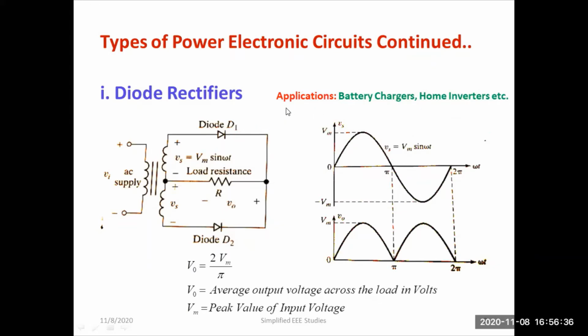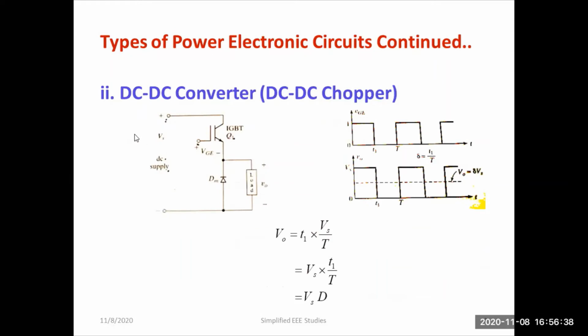Now I would like to discuss another type of power electronic circuit called a DC to DC converter, also known as a DC-DC chopper.